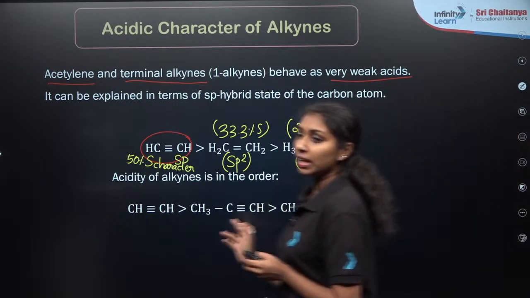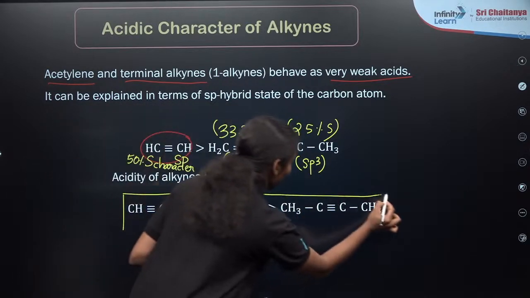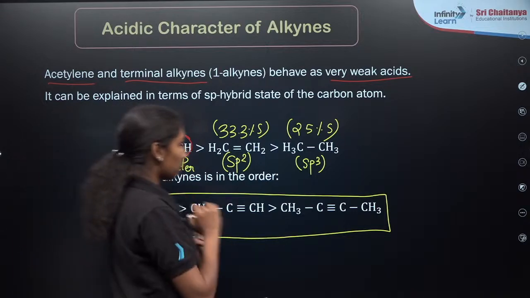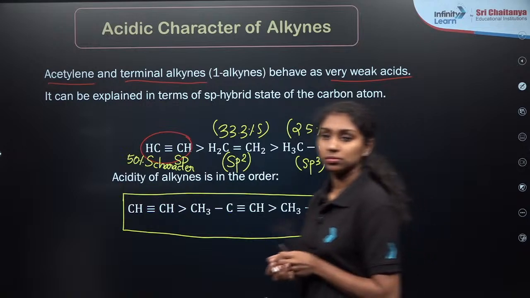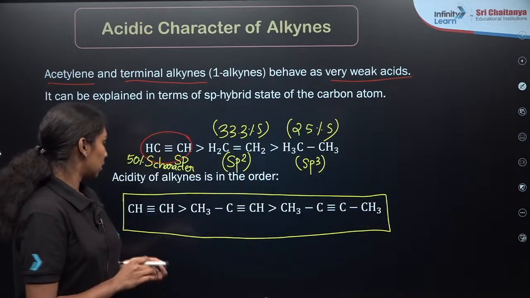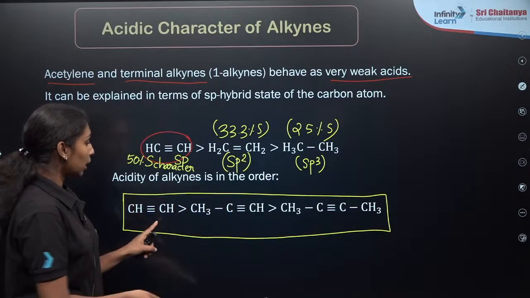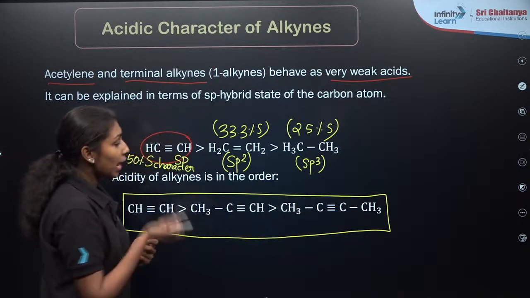Now, as you can see over here, there is another order of alkynes. What you are observing here, how can we predict the order of these particular alkynes? CH triple bond CH is our ethyne molecule, then it is propyne, then butyne.